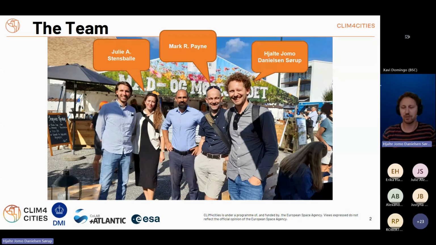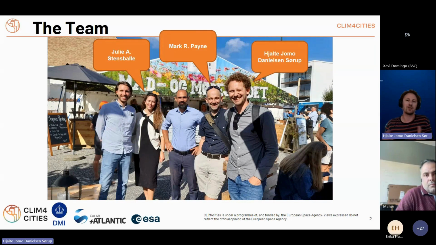So for those of you who don't know the Danish Climate Atlas, it's the main source of information that DMI provides for use in climate adaptation in a Danish context. It has been running for almost 5 years now, and there's a large frame around that also for user engagement. So we are building on that in this project.